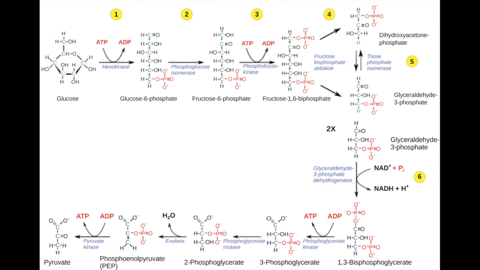To tap the bond energy of glucose, energy must first be used to make the reaction easier. Two ATP molecules are used for each molecule of glucose to make first glucose phosphate, then fructose phosphate, then fructose biphosphate, which breaks down to produce 2 molecules of triose phosphate, you see here.